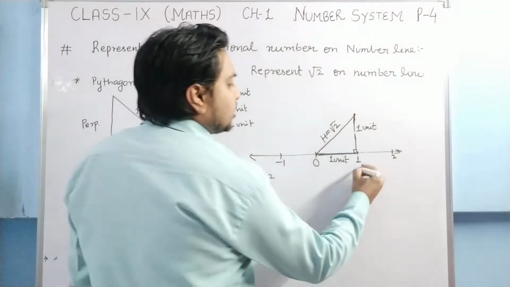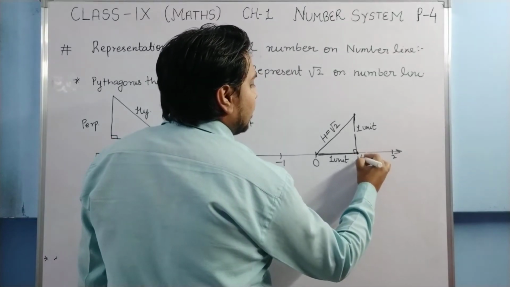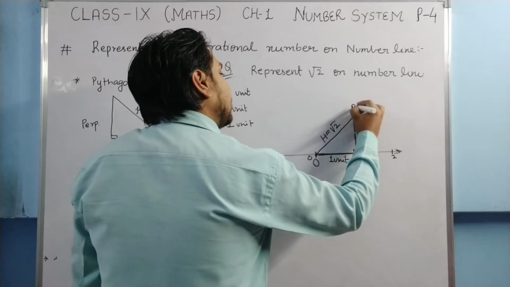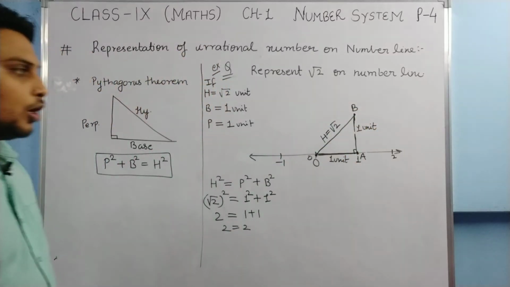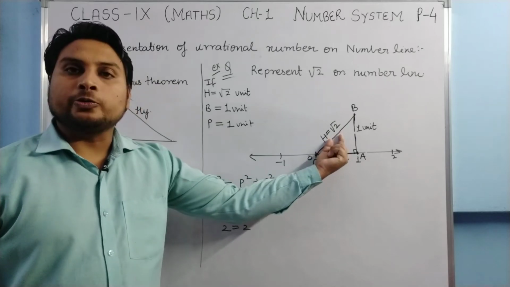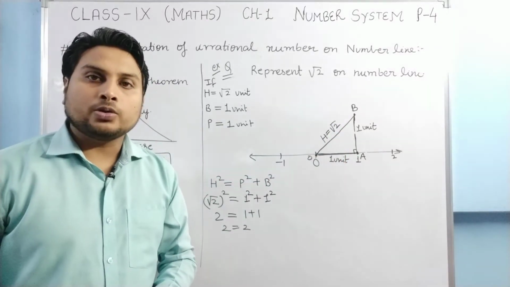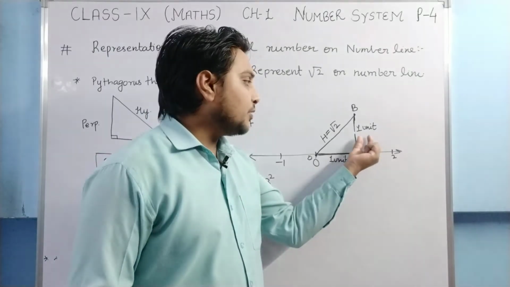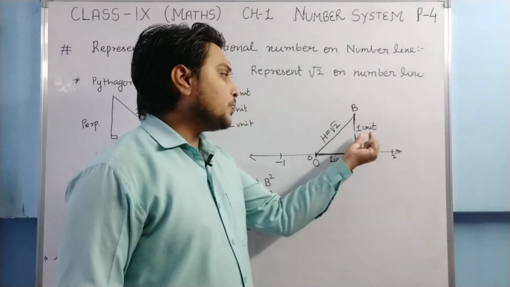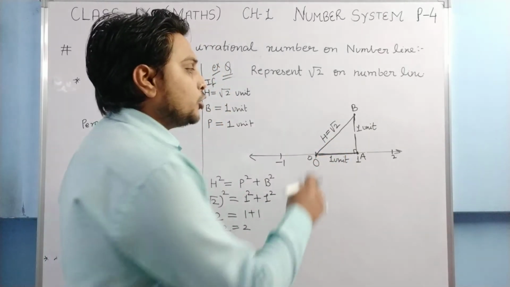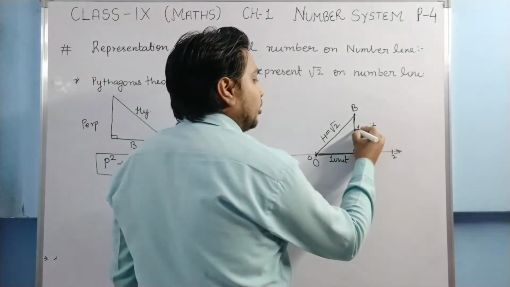Suppose this point is A, this point is O, and this point is B. So OB will be equal to under root 2 units. Why will it be equal to under root 2 units? Because base is 1 unit, perpendicular is 1 unit, so base square plus perpendicular square will be equal to hypotenuse square, so it should be equal to under root 2 units.